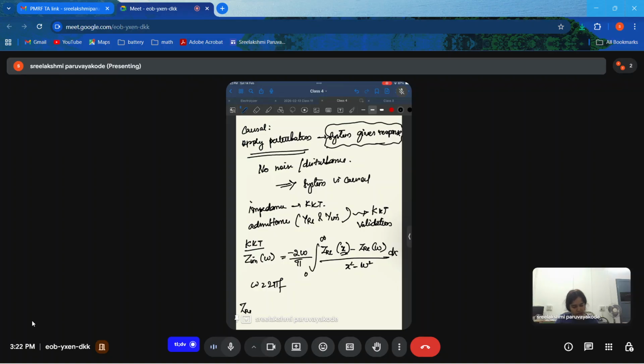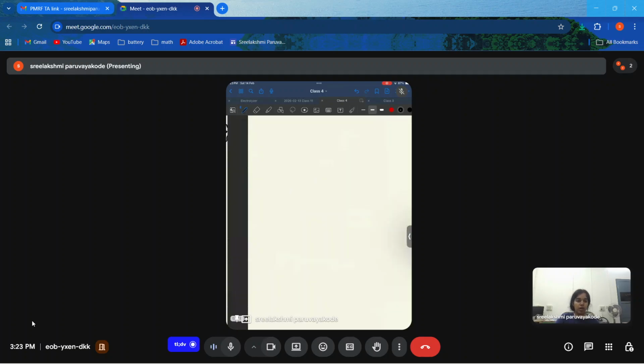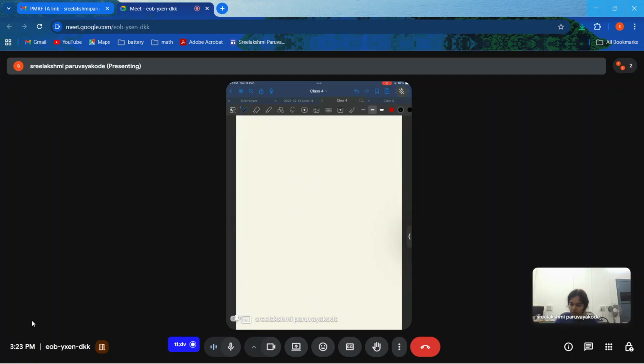Similarly, Z real of omega becomes Z real of infinity plus 2 by pi, integral from 0 to infinity of (x times Z imaginary of x minus omega times Z imaginary of omega) over (x squared minus omega squared) dx. These are the equations used to find the imaginary and the real part if you are using the KKT transform.